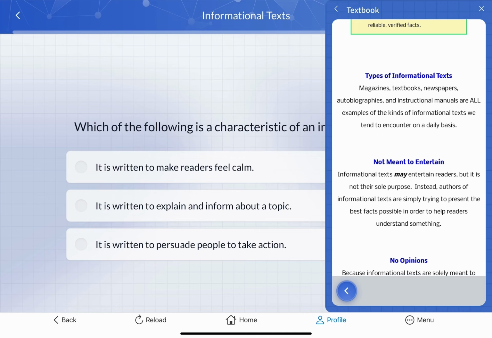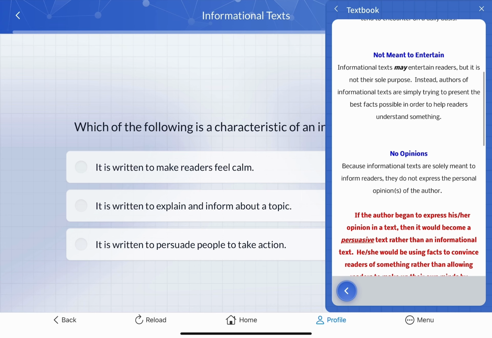You can use it as entertainment, but that is not the sole purpose of informational text, because instead the author is simply trying to present the best facts possible, giving us the best information in order to help the reader understand something better.